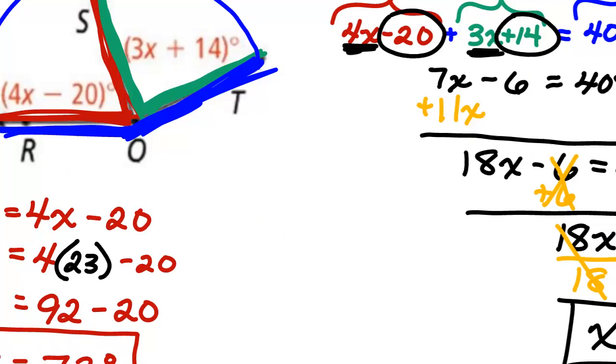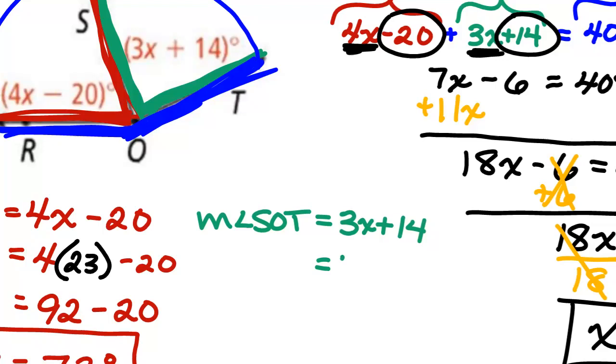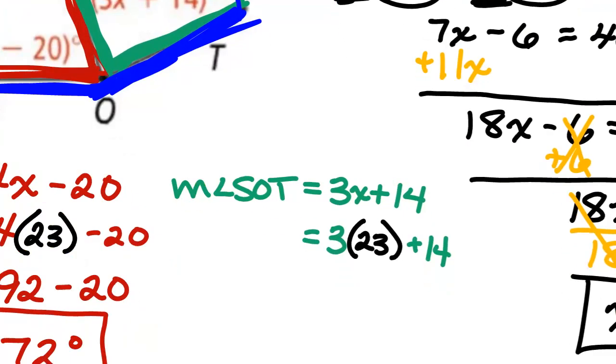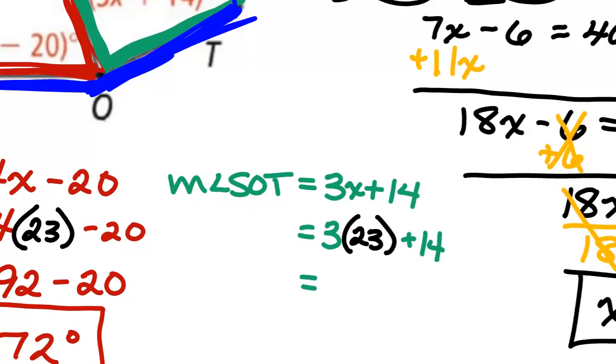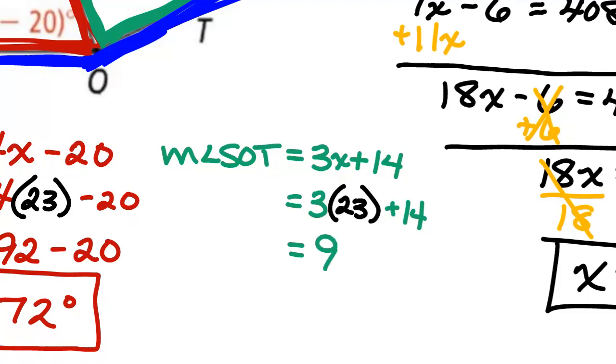All right, we also need to find the measurement of angle SOT. That was 3x plus 14. We're going to replace that x with 23. What is 3 times 23? 69.